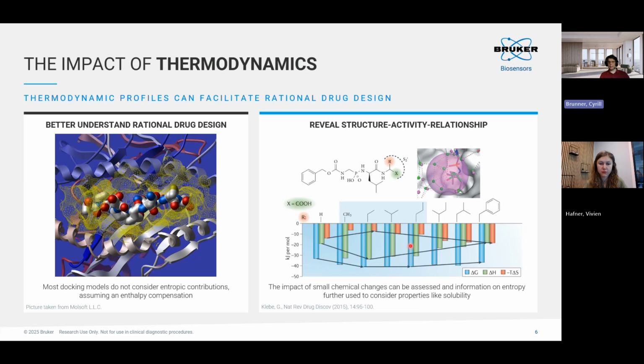And you see here in this graphic a very good example where the overall delta G, so the KD overall, remains more or less the same independent of the modification. However, the contribution of the enthalpic and entropic element to the delta G changes. So there's a difference in basically which molecule or which atom you add to that specific site of your lead compound.